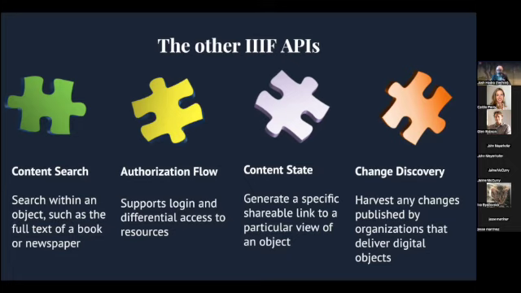It allows you to use annotations and link to a particular view, say a particular highlight that you want to make to end users. And then change discovery is really geared toward aggregators. So places like Europeana, DPLA, and others who might be able to take whole collections and be able to harvest those and just understand which are the most recently updated IIIF items within those collections.